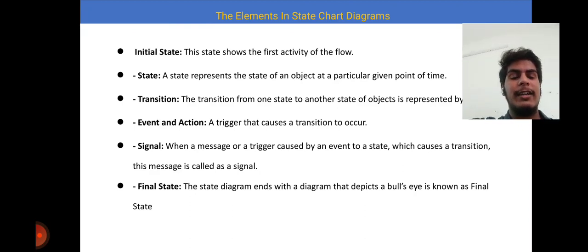The state diagram ends with a diagram that depicts a bullseye, which is known as the final state.